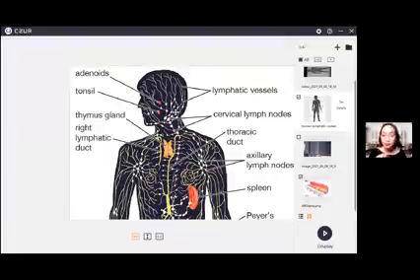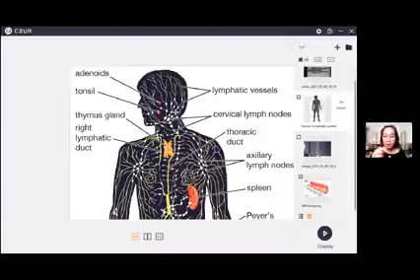This is actually the first line of defense against foreign invaders. So you have to take care of that. What will it do? The purpose of this is that it traps the pathogens or the foreign invading bacteria, virus, or whatever.